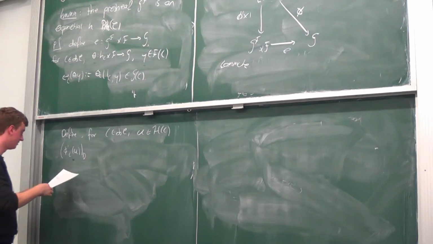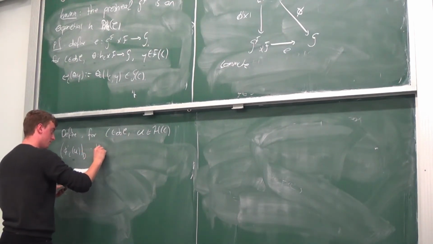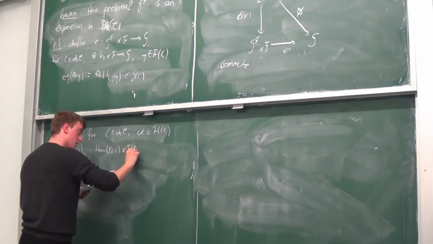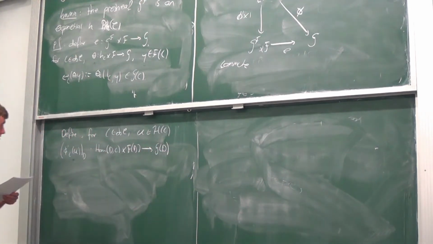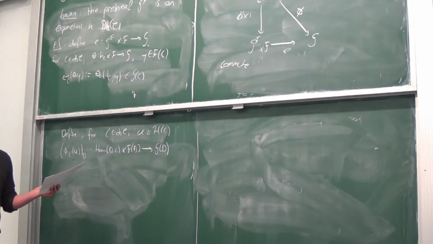So evaluated at D is going to be some functor from... We evaluated these, but phi prime C U is something in G to the F to C, and that's going to be a natural transformation from HC times F into G.